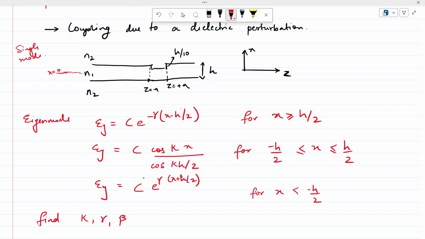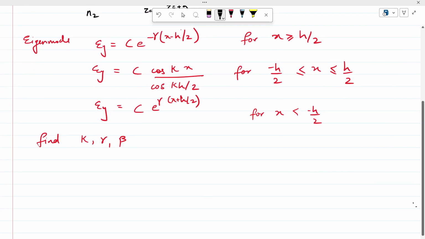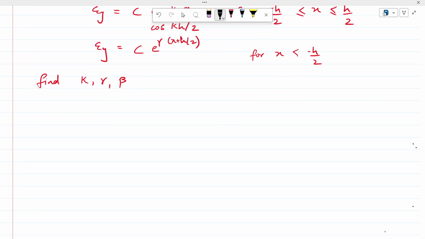So now the next thing is to introduce the perturbation. So how do we go ahead and introduce the perturbation? The perturbation along x will be nothing but the change in the epsilon times the electric field, right?